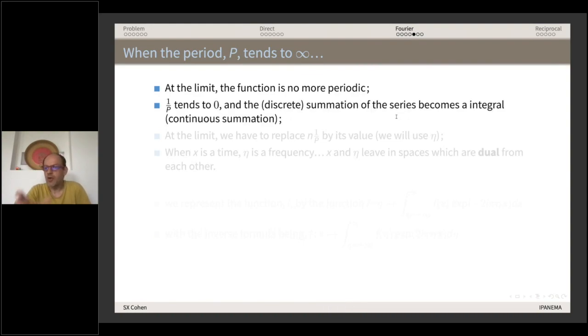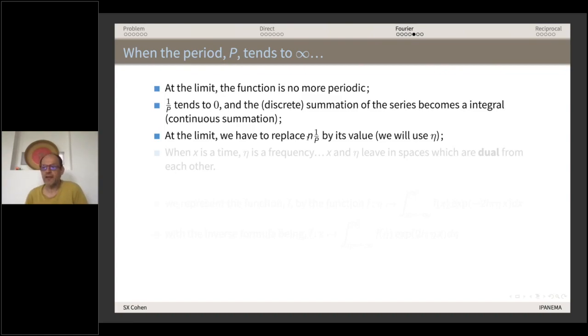So we transform this discrete summation into a continuous summation. The problem is that 1 over p is going to 0, and the reason things keep going is that n is also growing. As 1 over p goes to 0, I'm going to consider n's which are higher and higher.